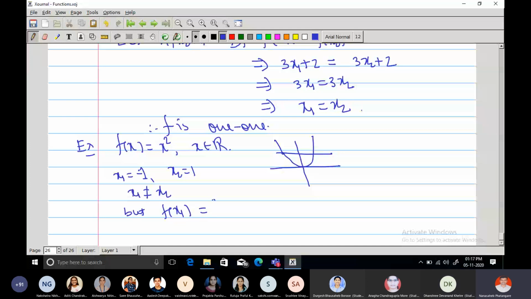So we have produced evidence where the definition of one-one function fails. There are many such examples: x1 equal to -2 and x2 equal to 2, or x1 equal to -1/2 and x2 equal to 1/2. Therefore, f is not 1-1.